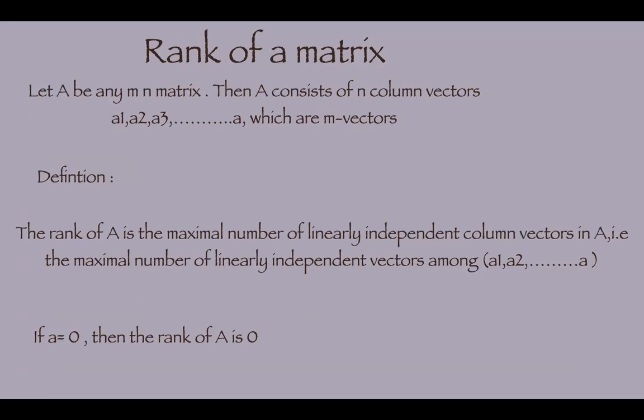The rank of a matrix A is the maximal number of linearly independent column vectors in A, that is, the maximum number of linearly independent vectors among A1, A2, up to An. If A is 0, then the rank of A is also 0. So this is the definition of the rank of a matrix. You can go through it.